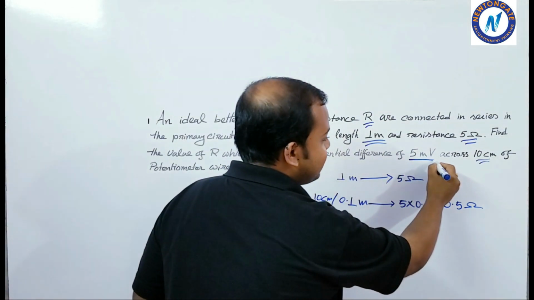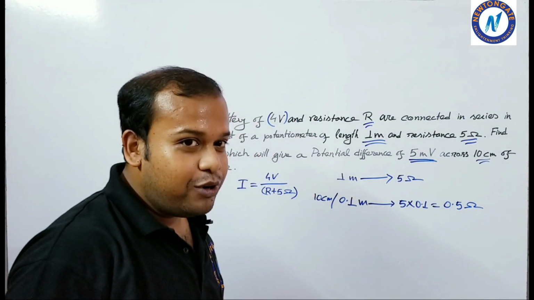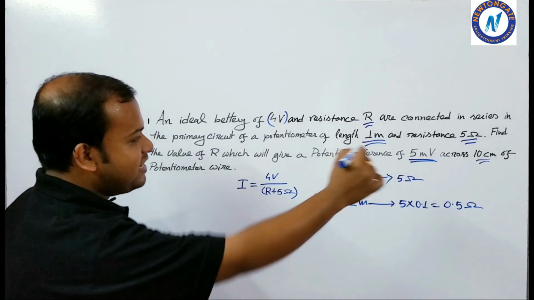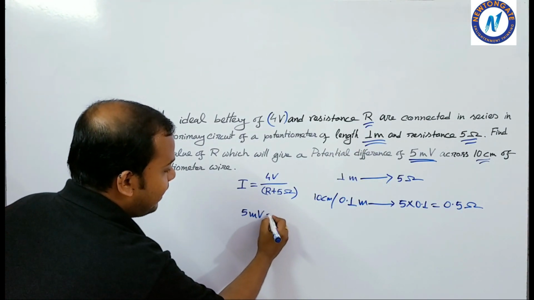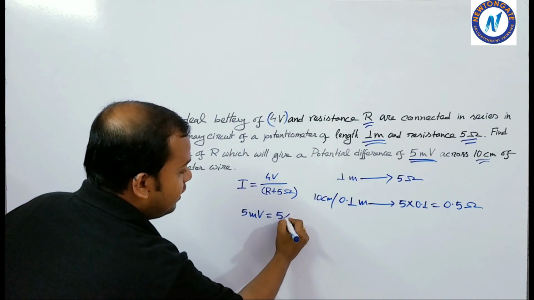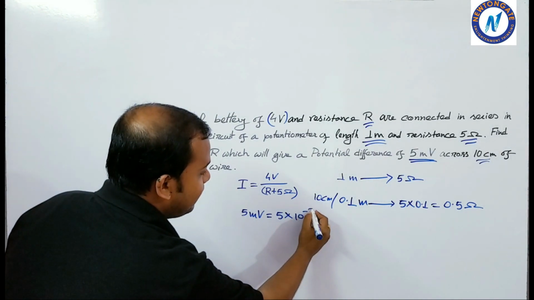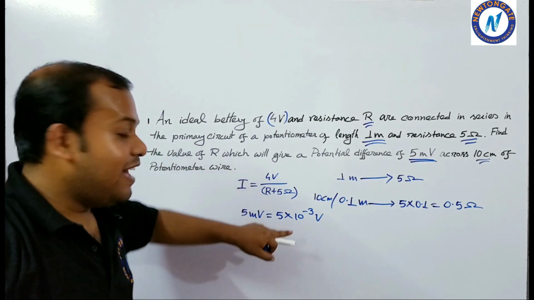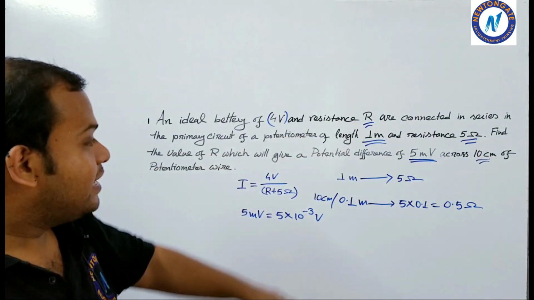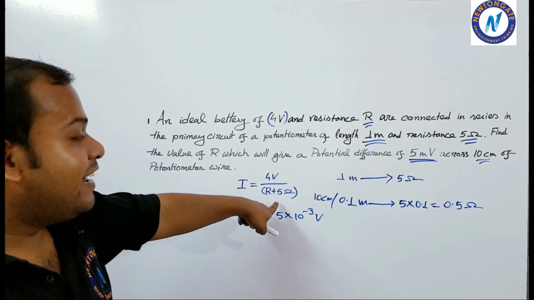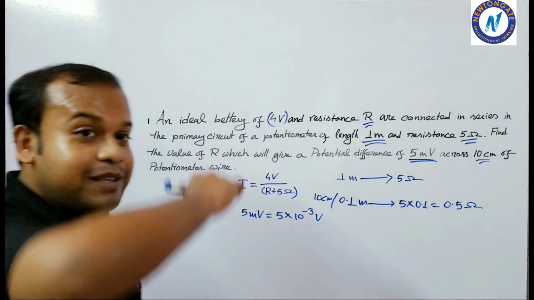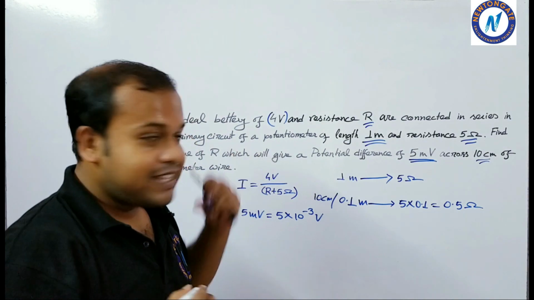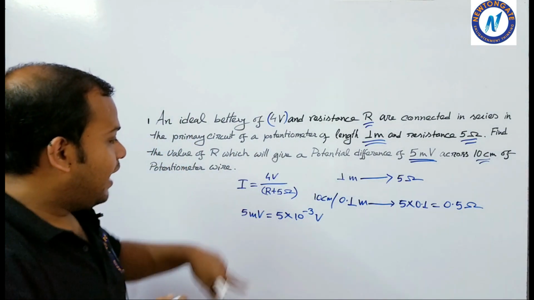The potential is 5 millivolt, which I can write as 5 into 10 power minus 3 volt. This is the potential difference. Now what is the current here? The current is the same throughout the potentiometer circuit.